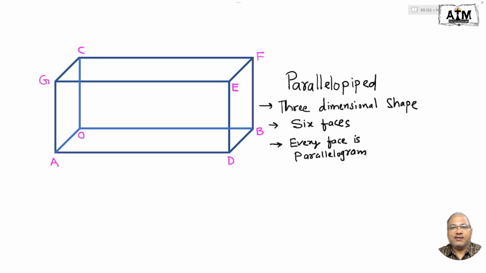Now, what is the meaning of this box product? The meaning of the scalar triple product, or the meaning of the box product. For that, we are going to consider a parallelepiped. What is a parallelepiped? It is a three-dimensional shape.